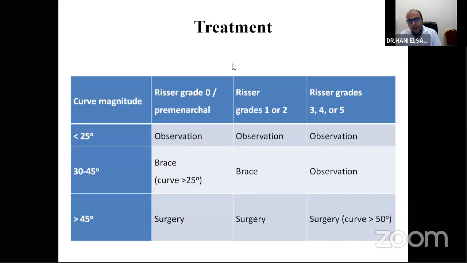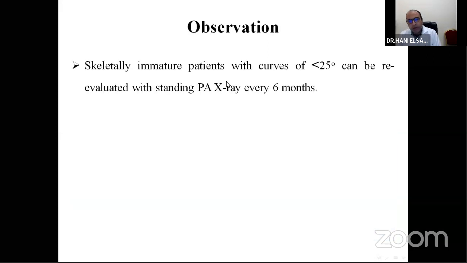This diagram illustrates the protocol of treatment of cases of EIS. We have observation, brace, and surgery. Observation in a skeletally immature patient with curves less than 25 degrees can be reevaluated by standing posterior-anterior X-ray every 6 months.